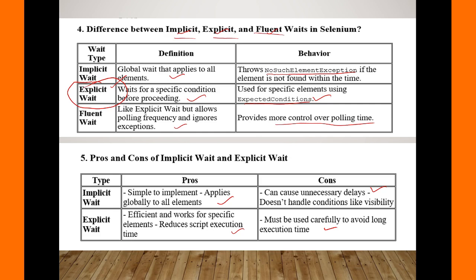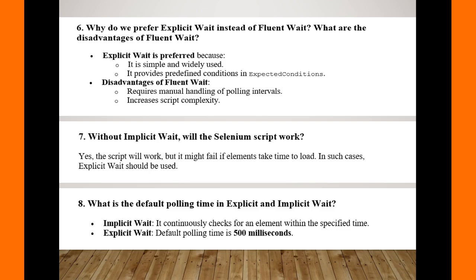Okay, the next question: why do we prefer explicit wait instead of fluent wait? This one is a really tricky question. Explicit wait is simple and widely used, and it provides predefined conditions in ExpectedConditions.